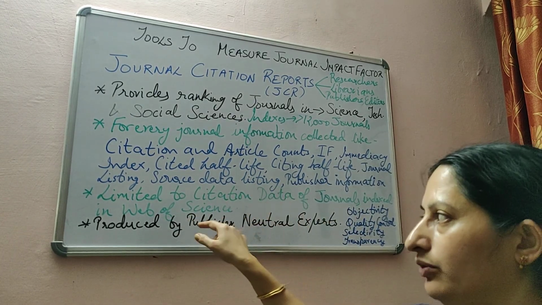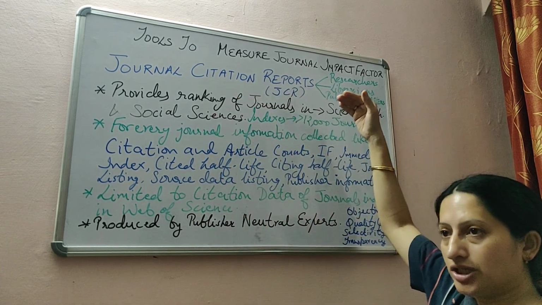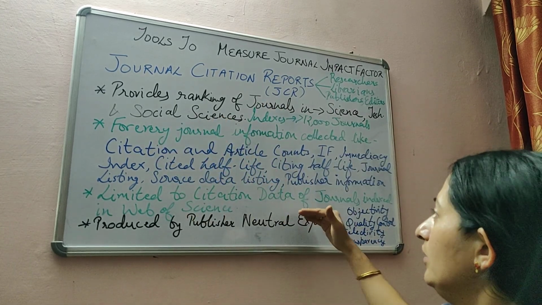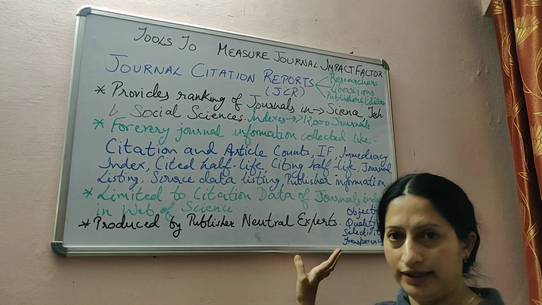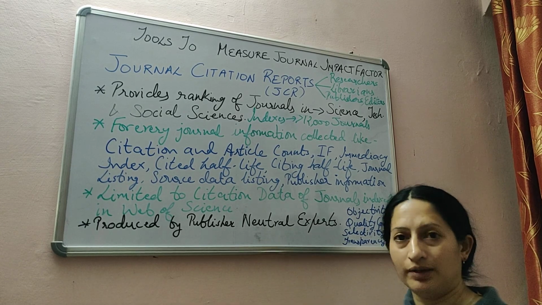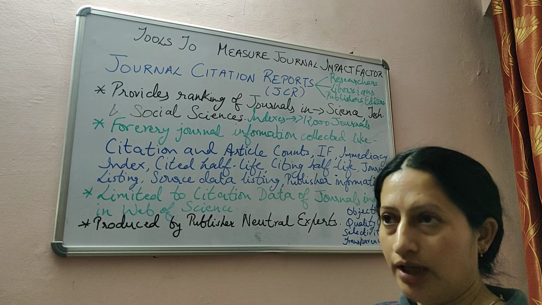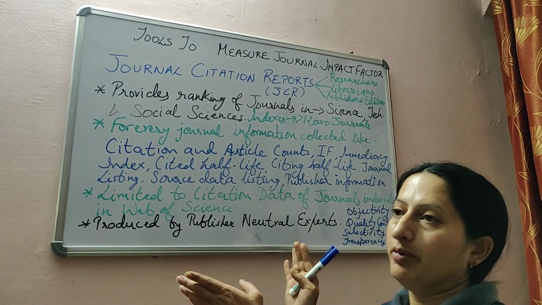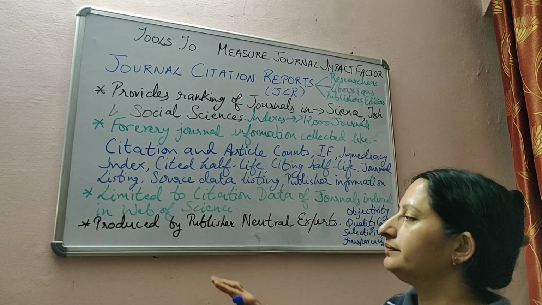So this Journal Citation Report is limited to the citation data which comes from Web of Science. It does not include Scopus, it does not include Google Scholar. So it's limited only to Web of Science. JCR has this limitation.